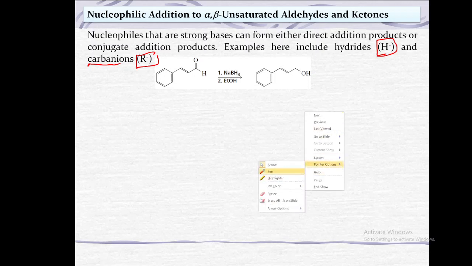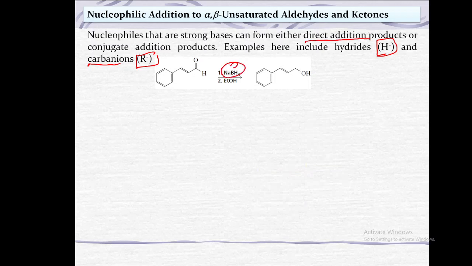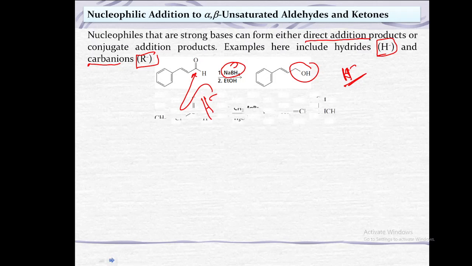Okay, please look at this direct addition. What is the nucleophile here? We mentioned earlier, I think, that the nucleophile here is a hydride. The source of hydrides is sodium borohydride. So the hydride will go by direct addition, and we have an alcohol there. Okay, so that's direct addition. Again, please look at this. This one here is a carbanion.